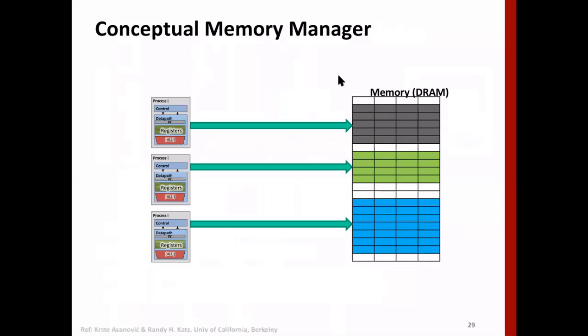Let's assume some large number X of processes, not n because we have used n for something else. Some of them may be in memory. Let's assume that at this moment there are only three processes in memory, three processes that are executing, and these three processes will use part of the memory.